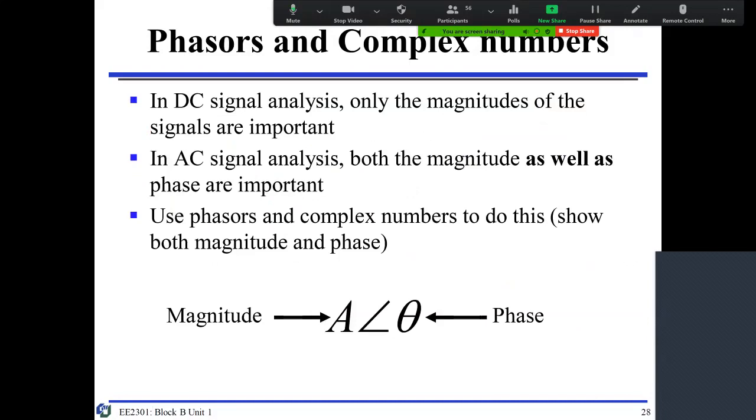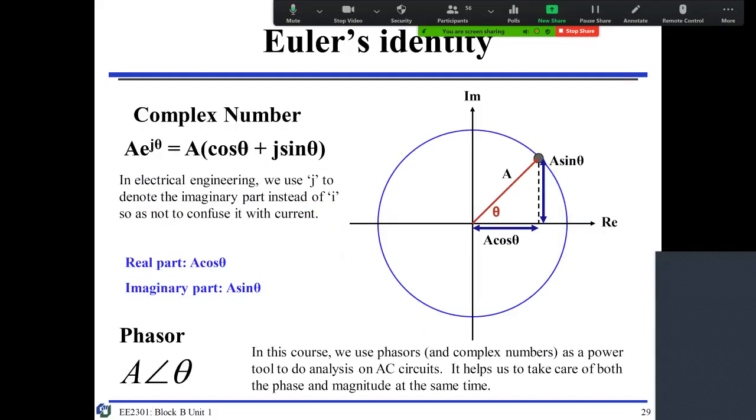So you have magnitude and phase of a signal. Okay, phasors and complex numbers. Then any complex number, you know this one, do you? This is called Euler's formula. Do you know how to compute this one?